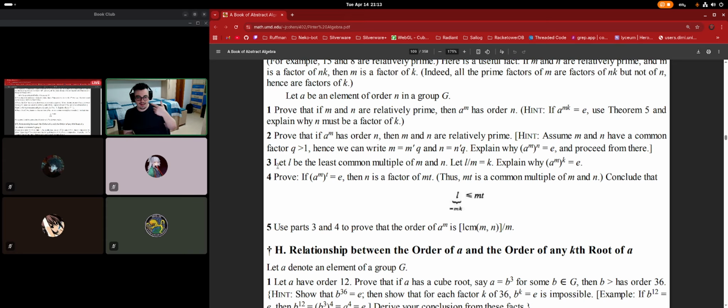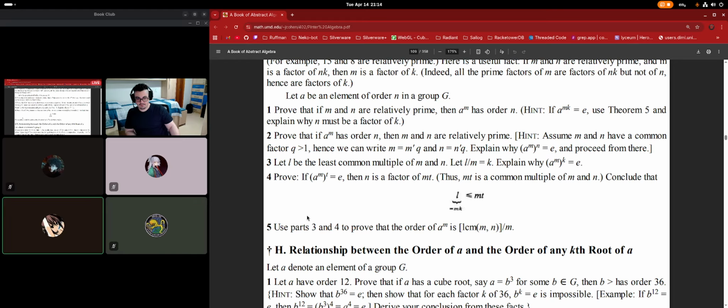It's crazy to me that they have what seems to be a random relationship. But it seems to be the case that if this has order that, then they are relatively prime. And then the hint is: assume that they have a common factor, then you can rewrite them in this way and explain that and proceed from there.